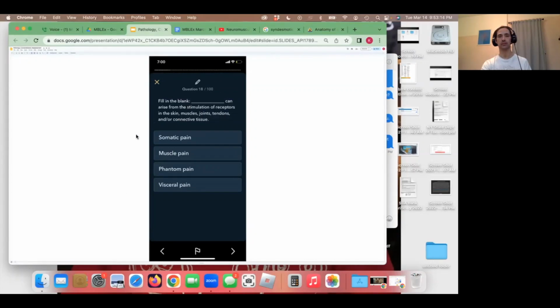Blank can arise from the stimulation of receptors in the skin, muscles, joints, tendons, and or connective tissue. Is that somatic? Go ahead. I was going to say visceral. Sorry about that. All right. So you guys obviously don't think it's one of these three.